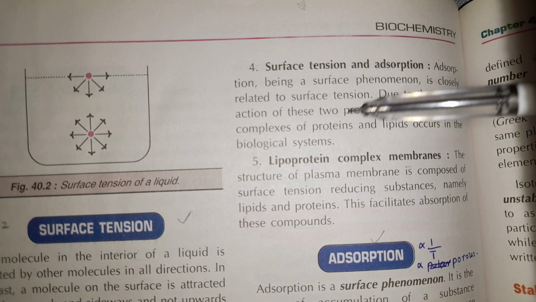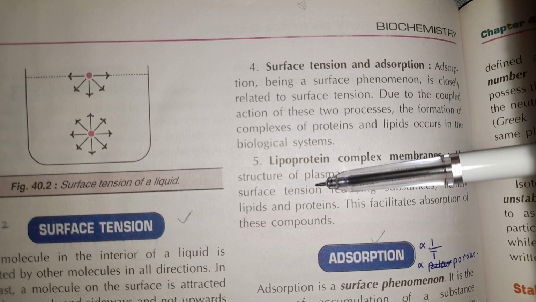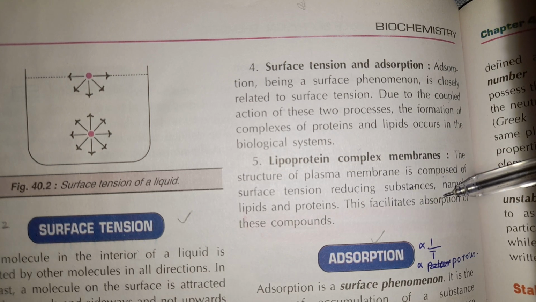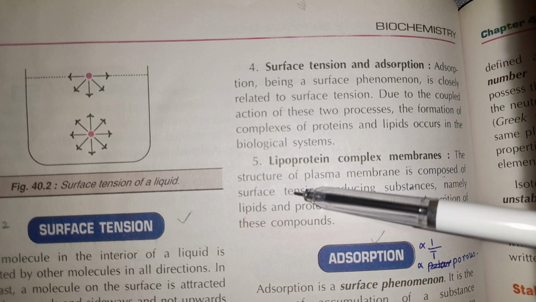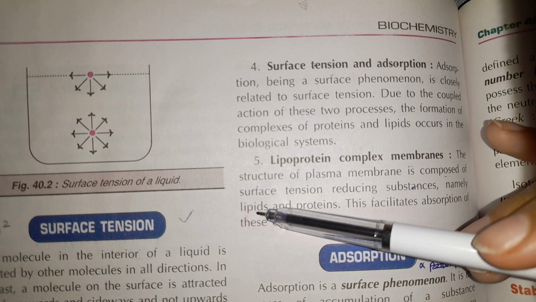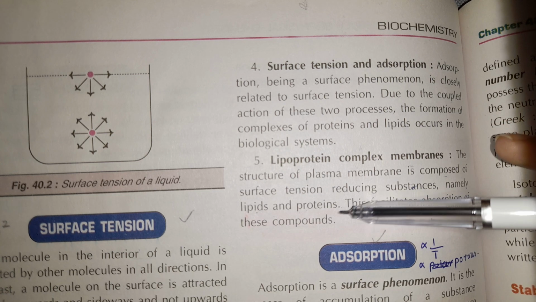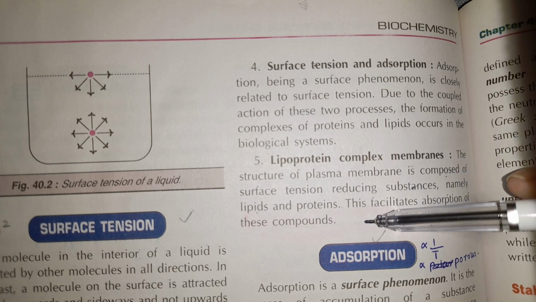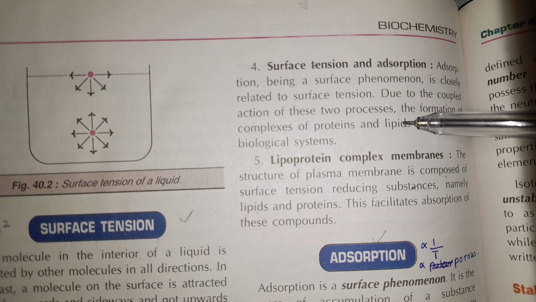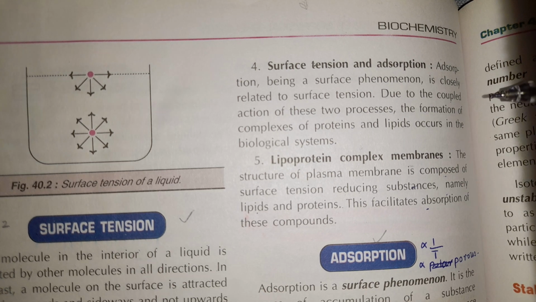Lipoprotein complex membranes: the structure of the plasma membrane is composed of surface tension reducing substances, which are lipids and proteins. The plasma membrane is 55% protein and 25% lipids. These substances decrease the surface tension, as a result of which the movement of molecules into or out of the plasma membrane is now easier.